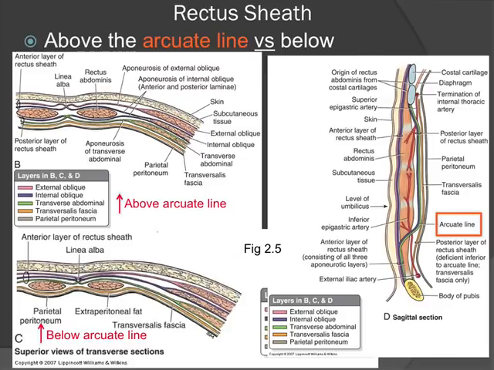All right, so we know that the posterior rectus sheath is made up of the posterior layer of the internal oblique and the transverse abdominis aponeurosis, so the purple and green behind the rectus abdominis muscle. Now, at a point just below the level of the umbilicus, the posterior rectus sheath is going to shift its course.